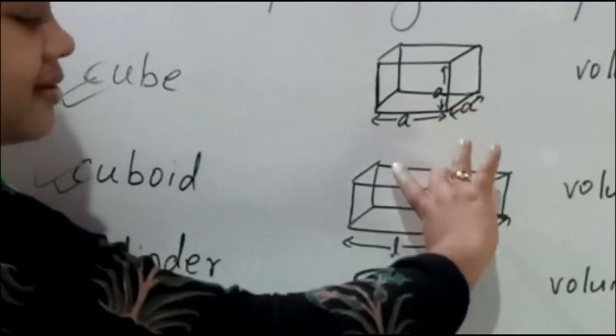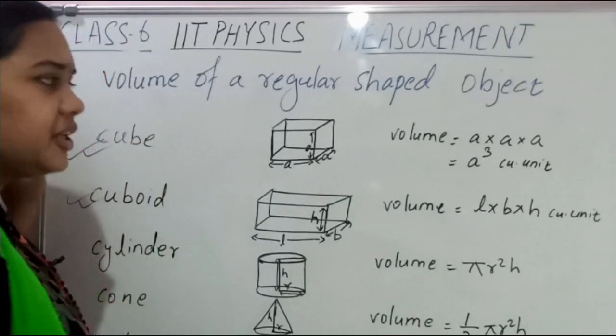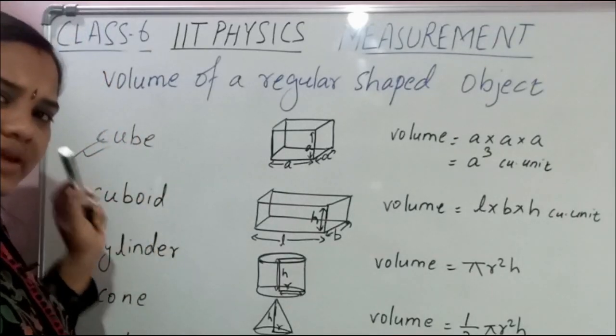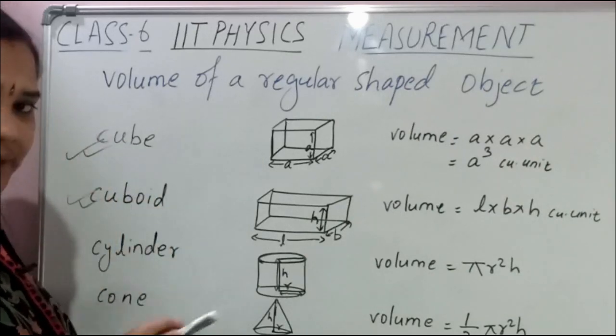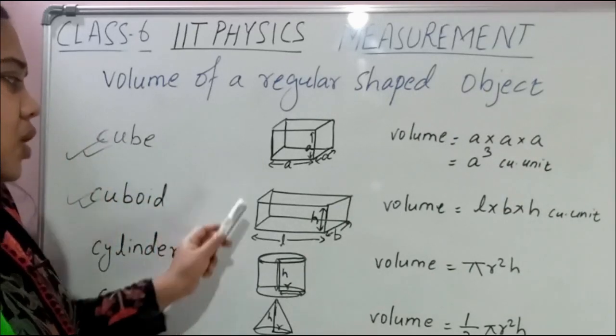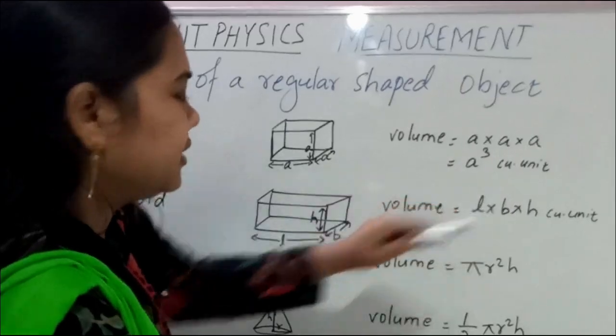Length, breadth, and height. So volume unit will always be cubic unit. Clear? So volume of cuboid is length into breadth into height.